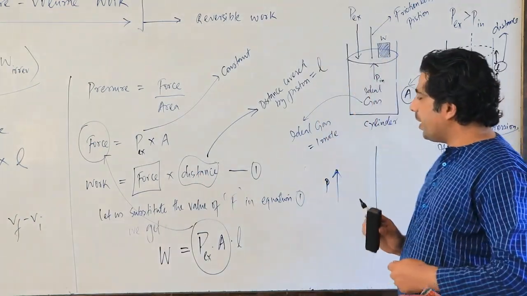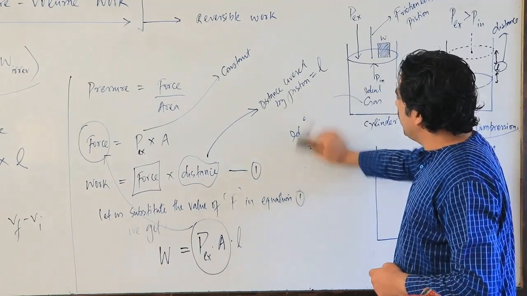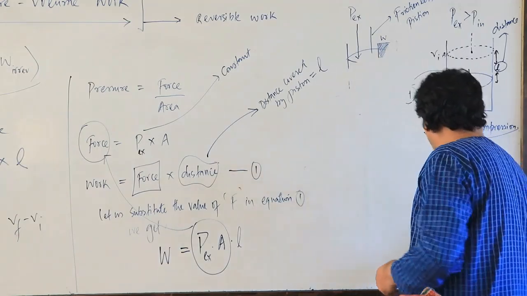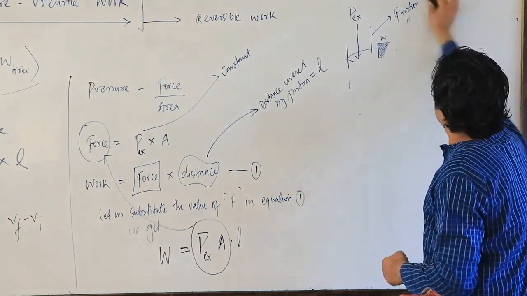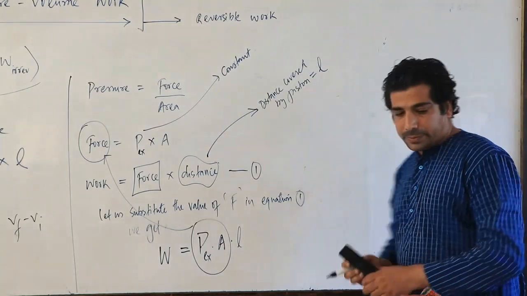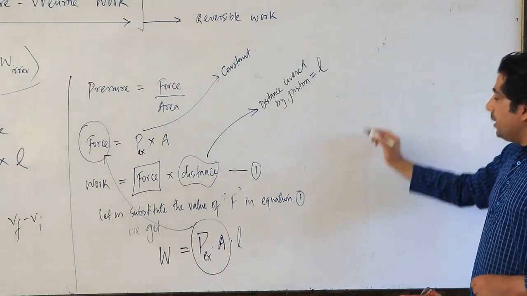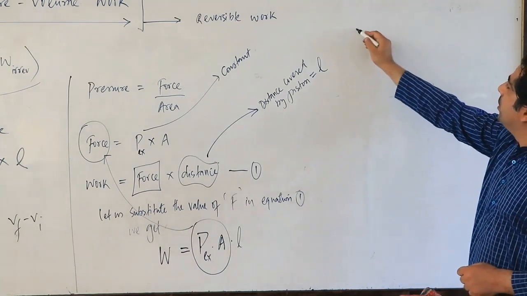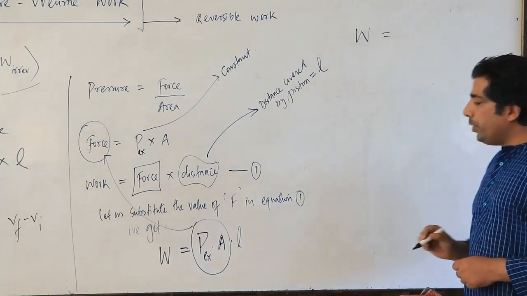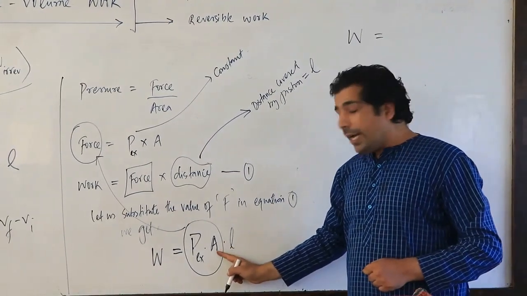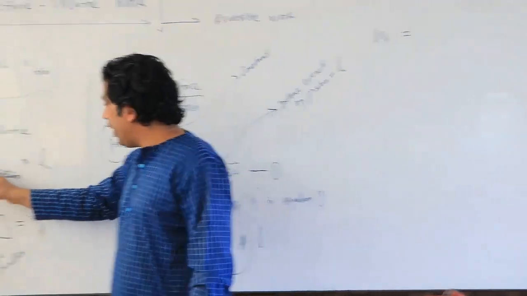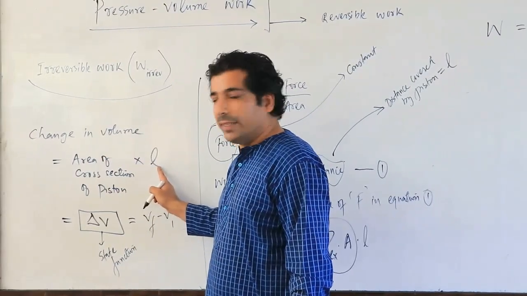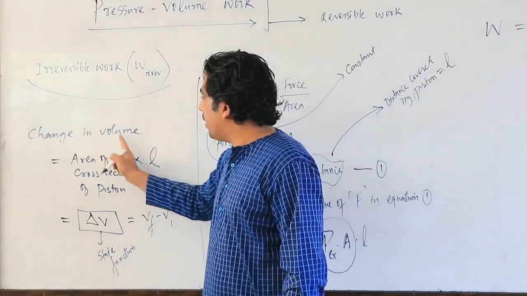So afterwards, my dear friends, what we are going to do, have a look here. Let's talk about now the work is equal to, we know that area into length, you know the value of area into length, that is nothing but change in volume.